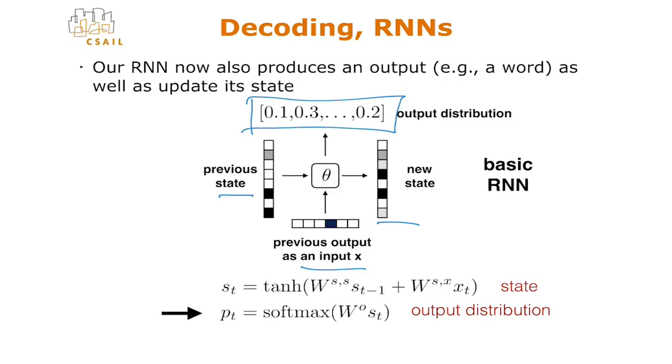So the only difference here is really this addition of how to derive the probability distribution over the next word from the current state. Other than that, it is the same type of box as the RNN used to encode the sentence. As it should, since the RNN really needs to encode the history of what has been generated so far in order to understand what should be generated next.